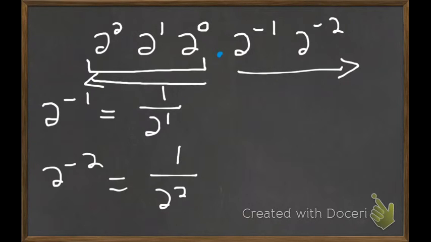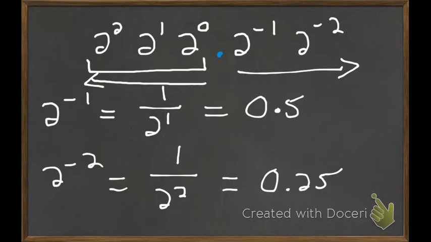Since we have 1 over a given power, that's going to give us a fraction. So for example, if we evaluate this, 1 over 2 is 0.5, and 1 over 2 to the second, which is 4, is going to be 0.25. And we'll look at how exactly you take a fraction and evaluate it. I'm going to show you a method of doing that.